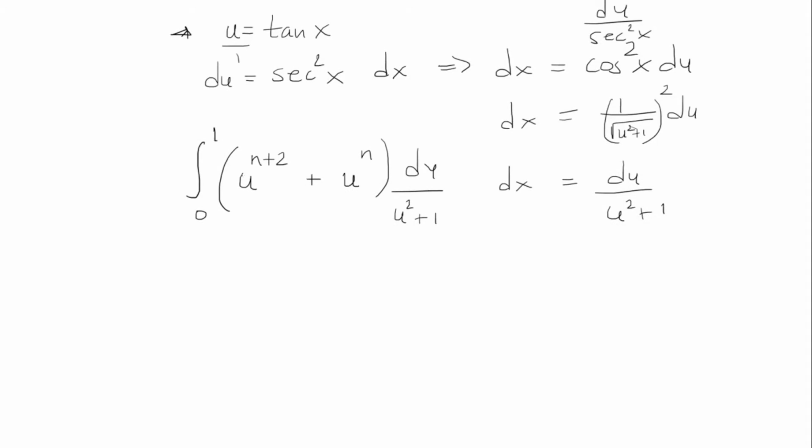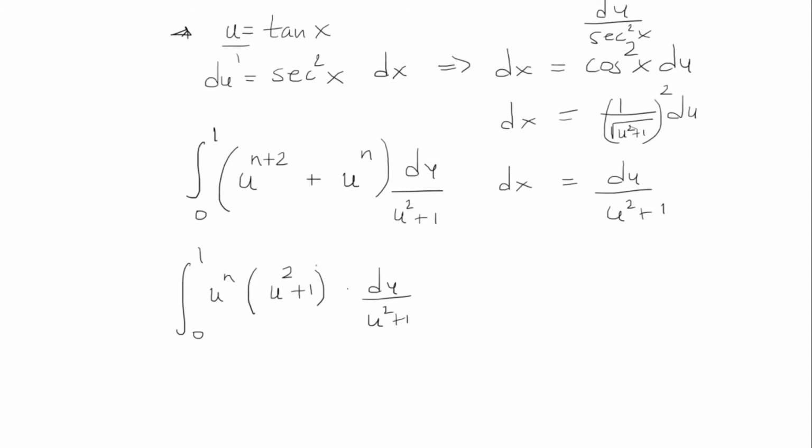At this step, we notice that we have u to the n plus 2 power and n power. So I can factor out a u to the n, and I'll be left with u squared plus 1. And then it's du over u squared plus 1, integrating between 0 to 1.